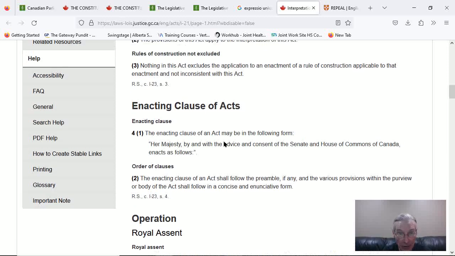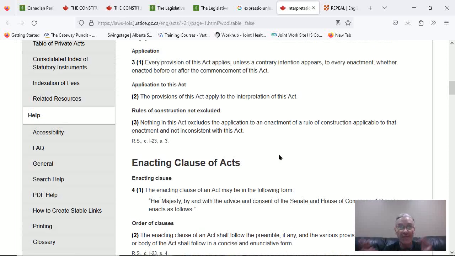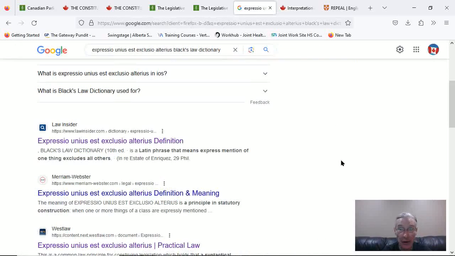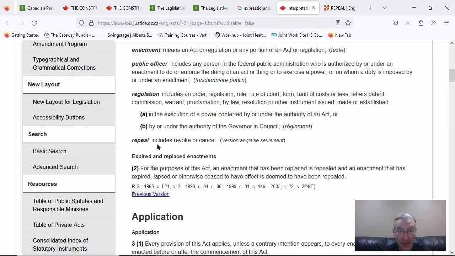That was repealed from our foundational document, our Constitution, in 1893. Repeal includes revoke or cancel. And once again, looking at our maxim of law, expressio unius est exclusio alterius, includes revoke or cancel.